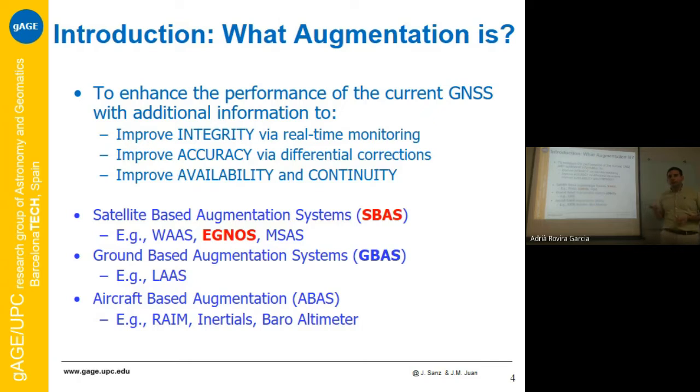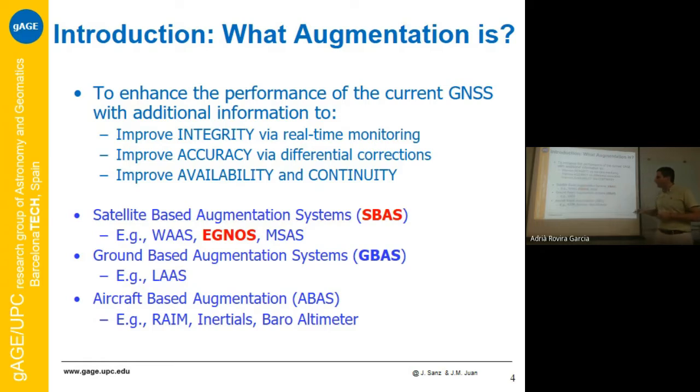So we need to augment, we need to improve those signals and services. We will be talking about 3 or 4 different concepts that I will define: integrity, accuracy, availability, and continuity. We will see that they are different, but they are all together related.